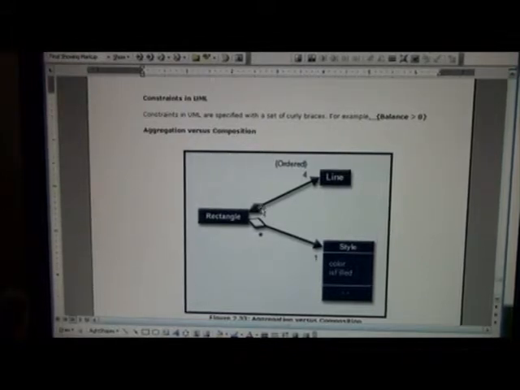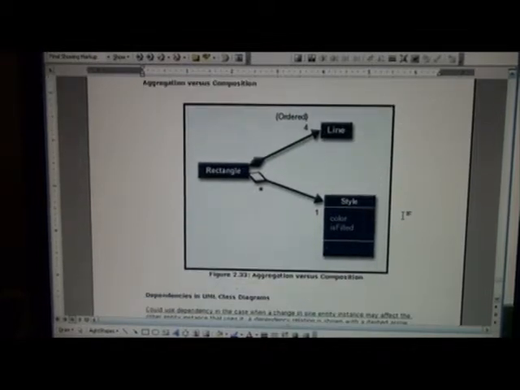The filled-in diamond shows that a rectangle is made of 4 lines, but then we might have this notion of whether the rectangle is colored, is it filled in per se, and so it's not as physically tied to the rectangle as the lines. Now you could argue that it is, and that's one reason why I'm not too fond of the distinction between the two, because it gets into a lot of subjective interpretation.